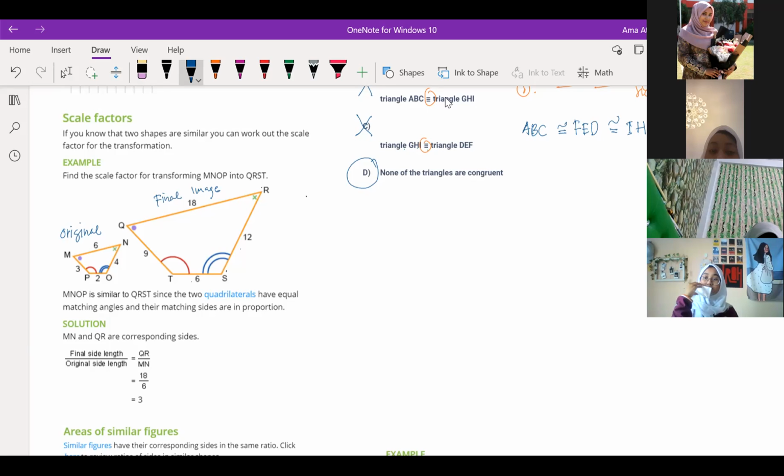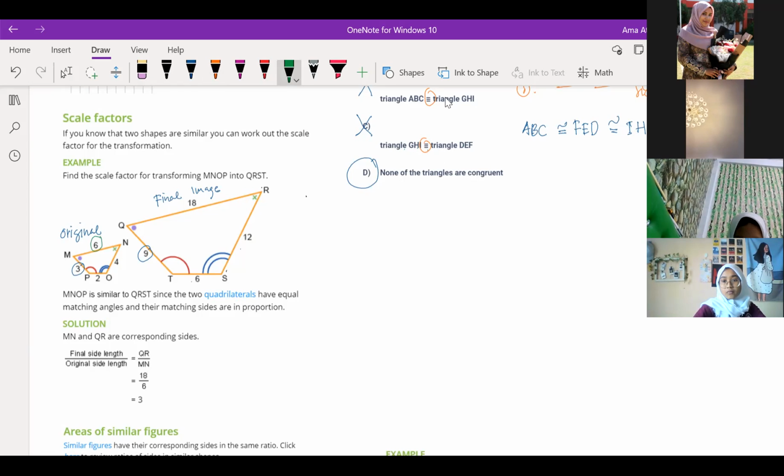Look at the corresponding sides. The side of NP is 3, the side of QT is 9. So the ratio is 3. Are you okay with this? 3 and 9 has this ratio of 3. And then look at the sides MN.